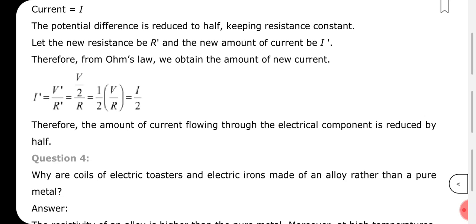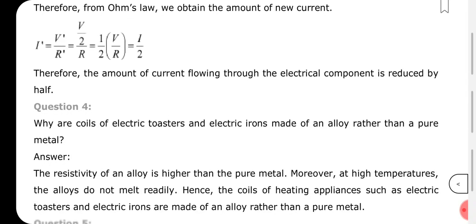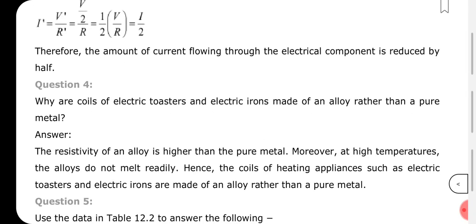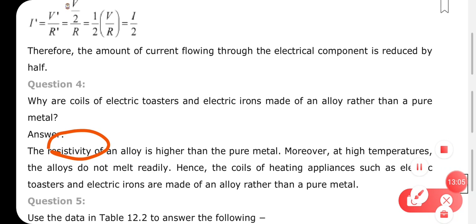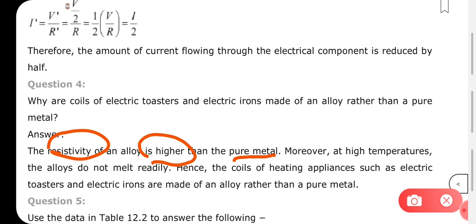Now moving on to the next question, why are coils of electric toasters and electric irons made of an alloy rather than a pure metal? Yes, so what will be the answer for this? You can just see that the resistivity of an alloy is higher than the pure metal, okay.